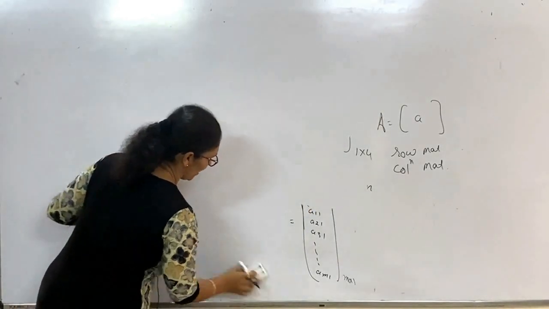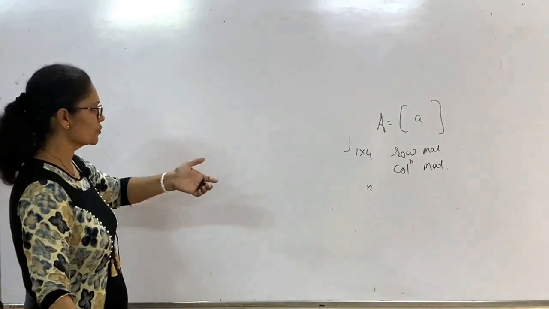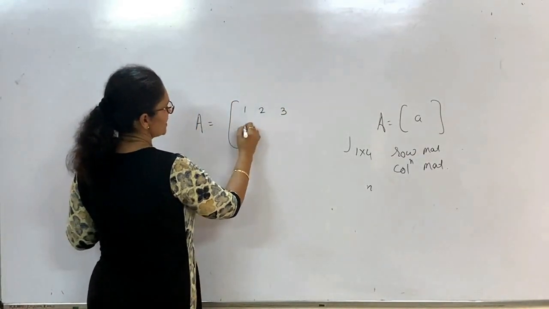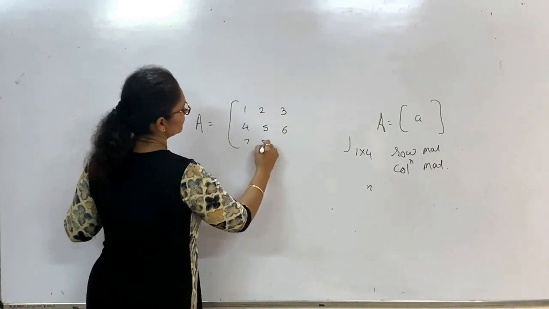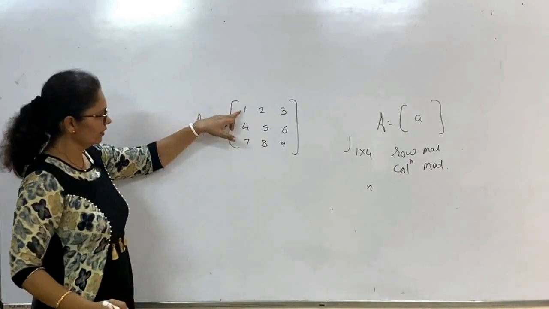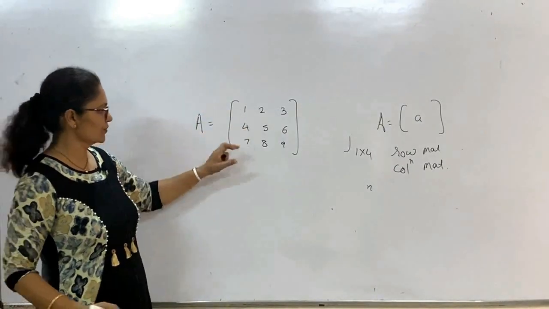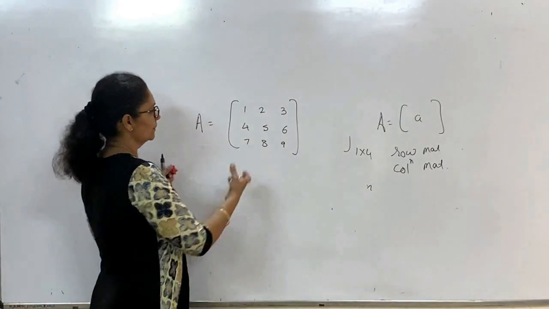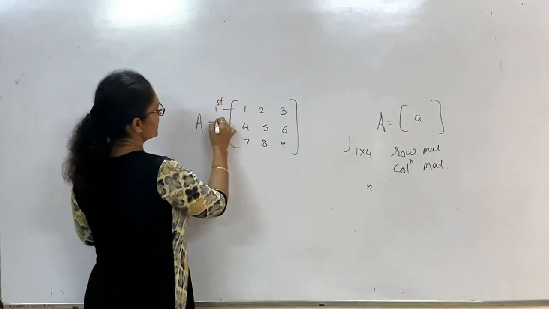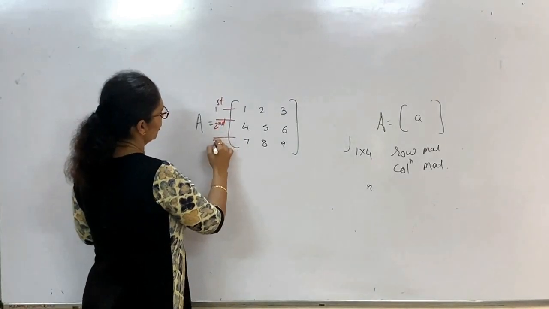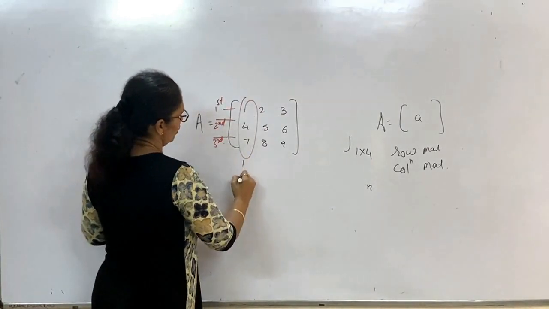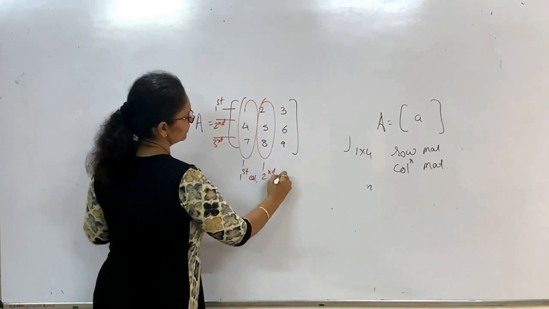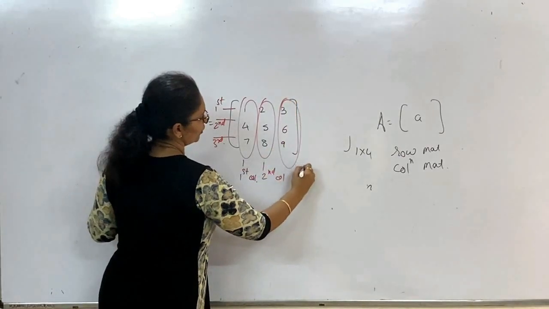What do you mean by square matrix? The word square itself shows that the number of rows and columns is the same. See, I have taken first, second and third rows, and first, second and third columns.